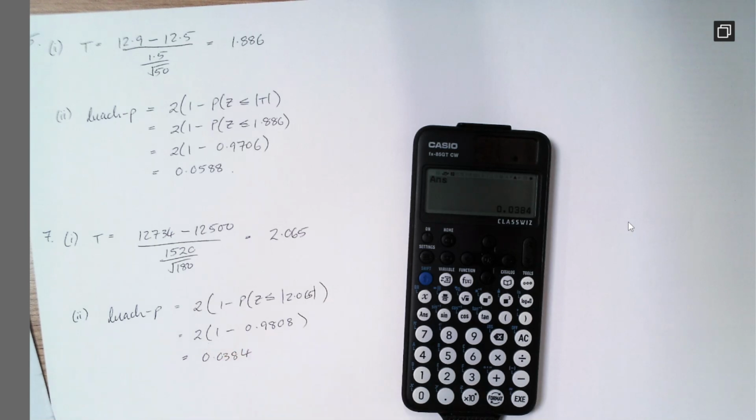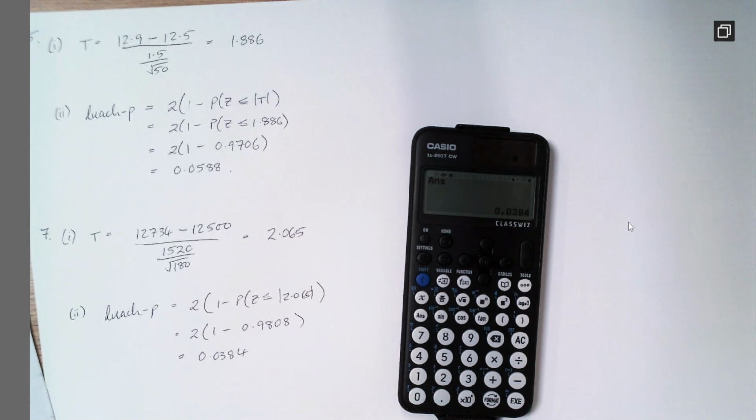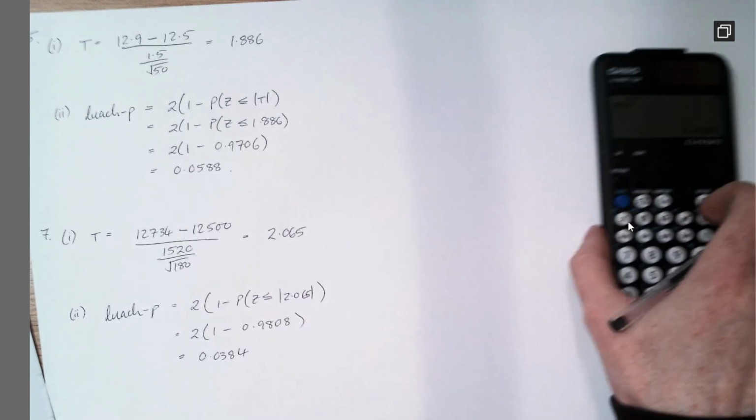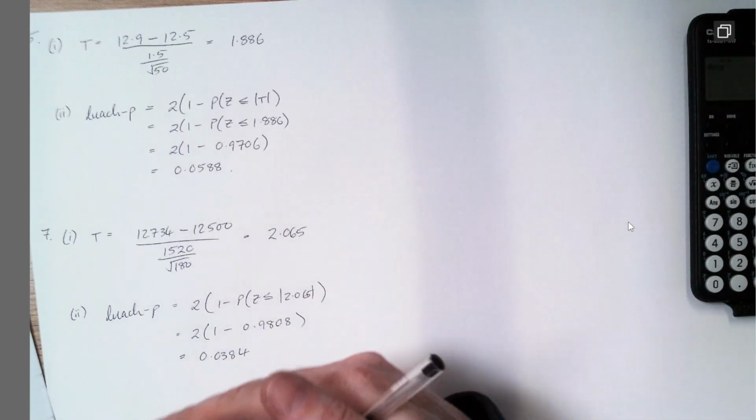So 0.0384, which okay. You can change different percentage levels, like 5% or 1%, just to get a p-value.